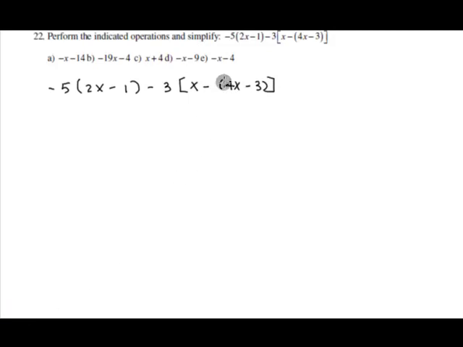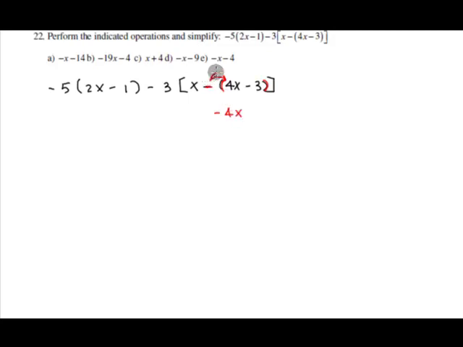So when I look at the inner bracket here, let me see what kind of operation I have right in front of the parenthesis. It's just a subtraction. So basically we want to subtract 4x minus 3. When we distribute the minus, this becomes negative 4x.